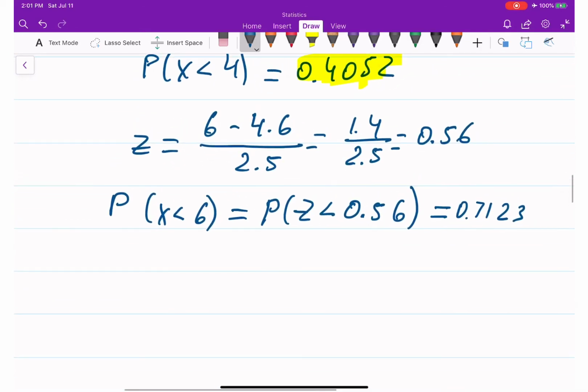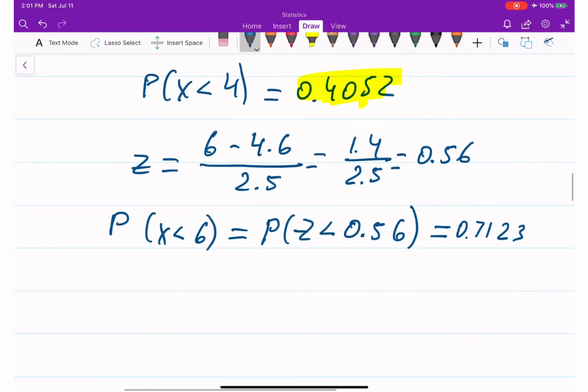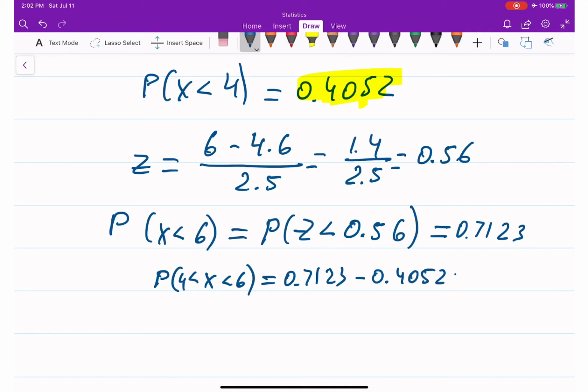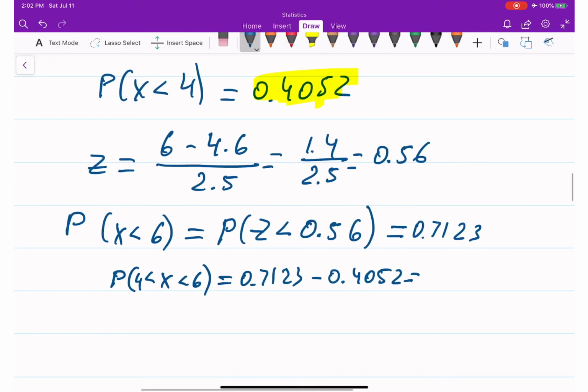Which means the probability of x between 4 and 6 is equal to 0.7123 minus 0.4052. That is equal, 3 minus 2 is 1, 12 minus 5 is 7.